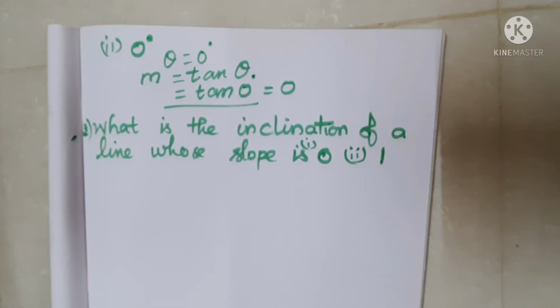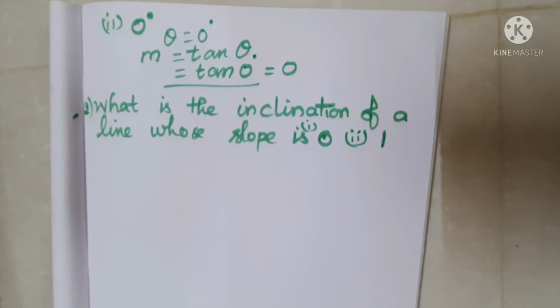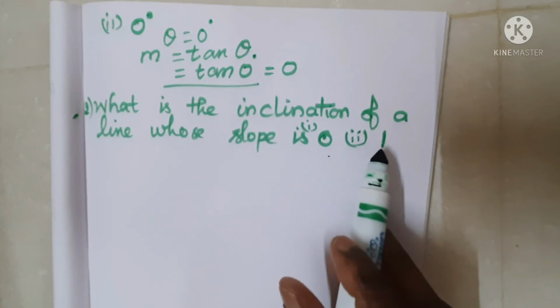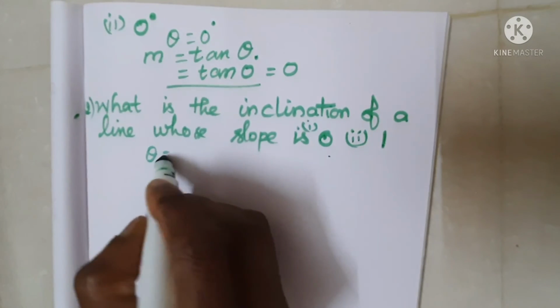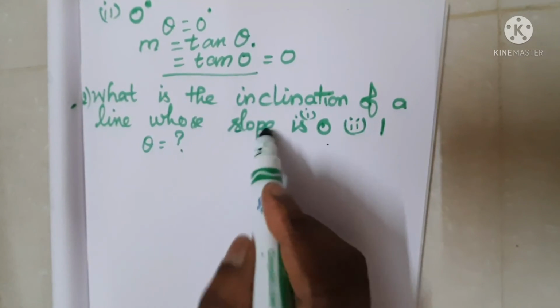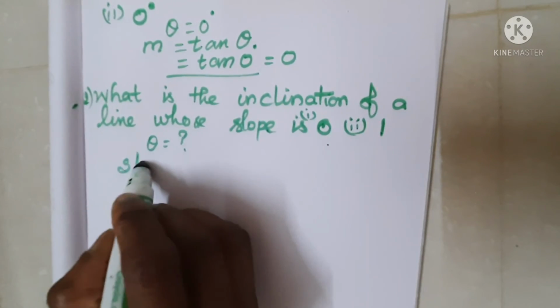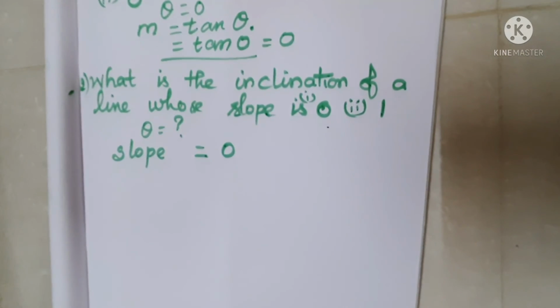See the next one. What is the inclination of a line whose slope is 0 in subdivision 1? Here we want to find theta, the inclination. Slope is given, so slope is equal to 0.